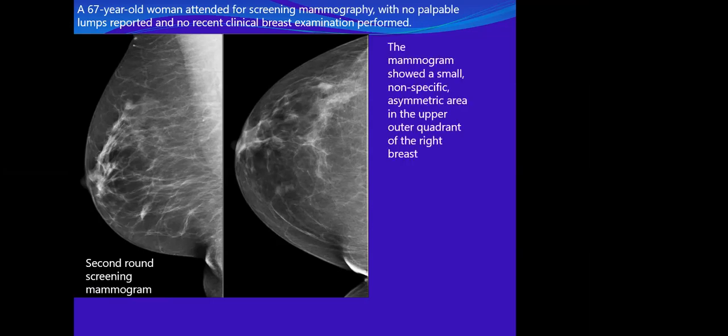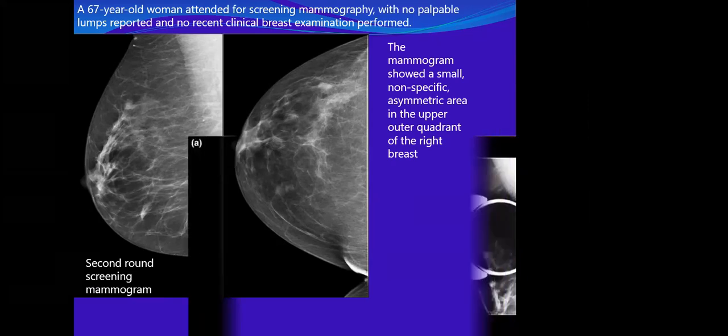You don't like to see the previous? Yes, you have a small non-specific asymmetric finding in the upper outer quadrant of the right breast.